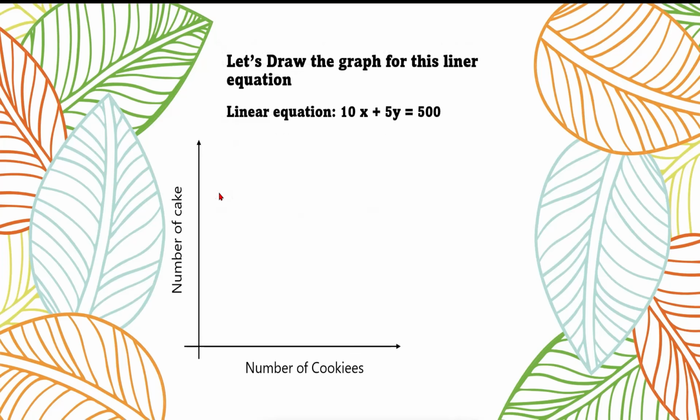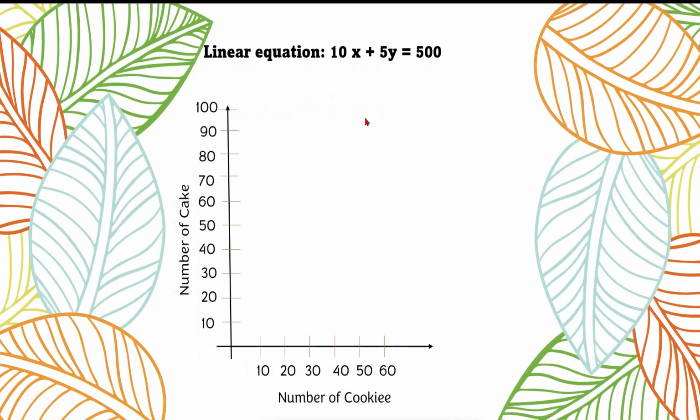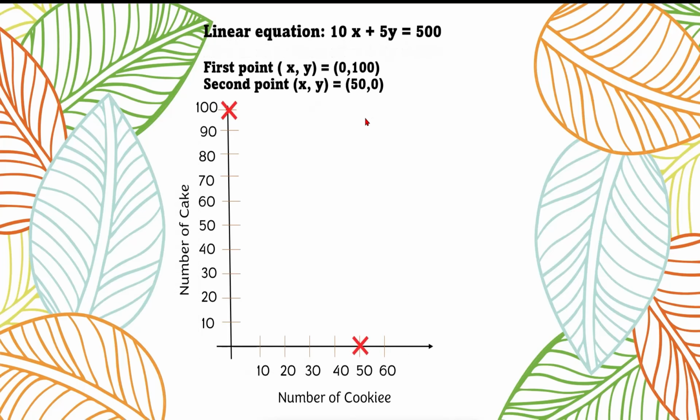Now let's plot these points on a graph. This is the graph where the Y-axis will represent the number of cakes and the X-axis will represent the number of cookies. So we have the two points that we got from our previous calculation. Let's plot the first one. The first point is 0, 100. That means the value of X is 0 and Y is 100. The value of X is 0 at the origin, and the value of Y is 100 here.